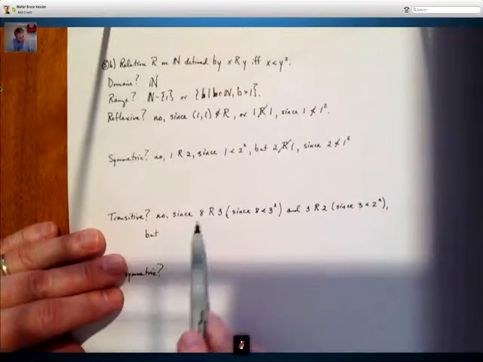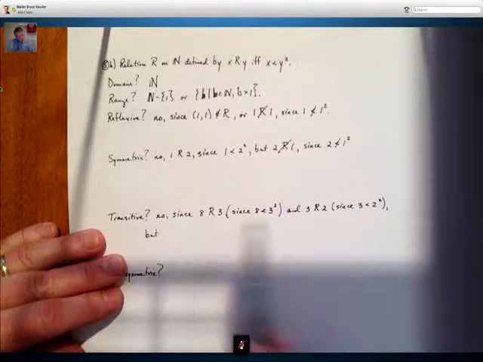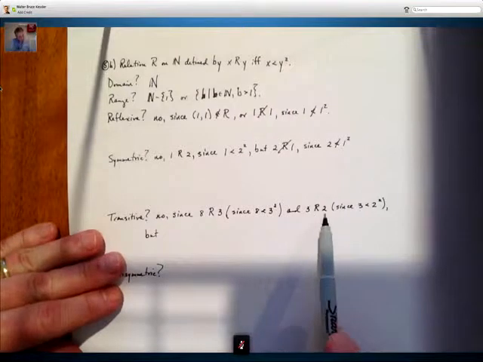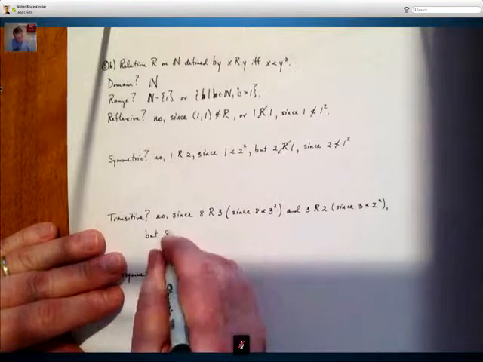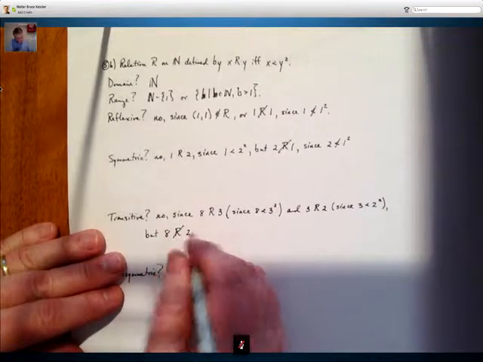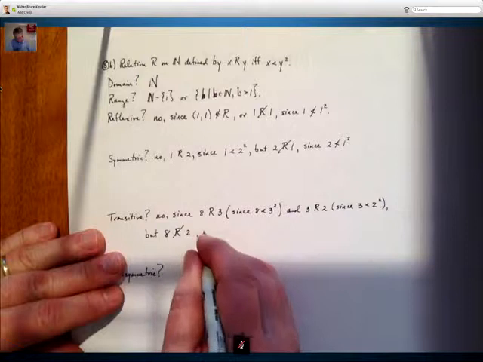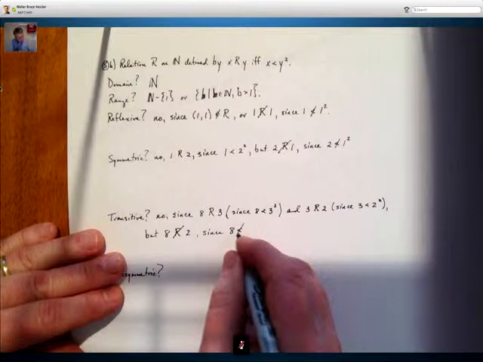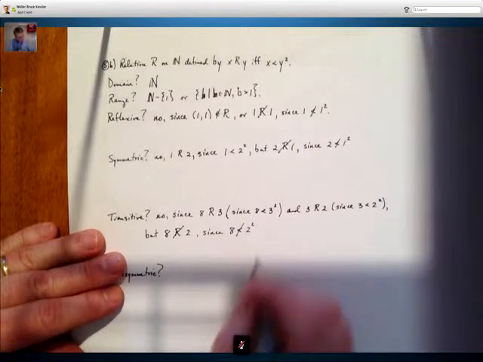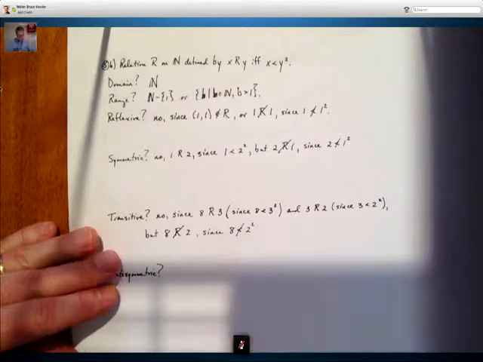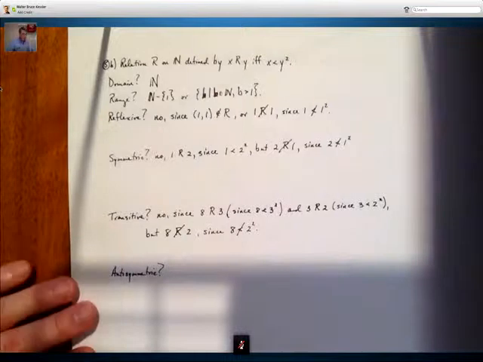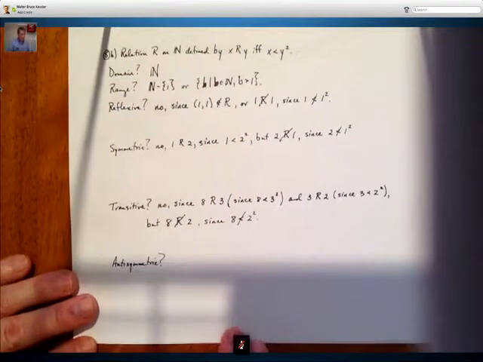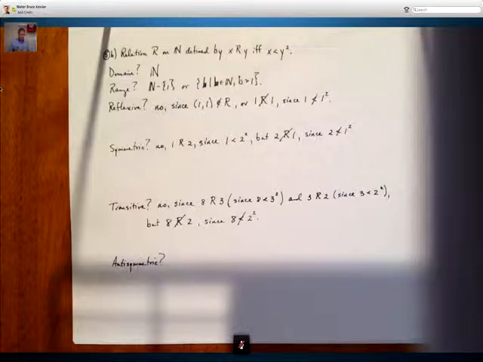But I don't think 8 is going to be related to 2, since 8 is not less than 2 squared. Okay, and there's probably a ton of other examples, but that one actually is all you need. If we're showing these things don't work, we just need a counterexample.